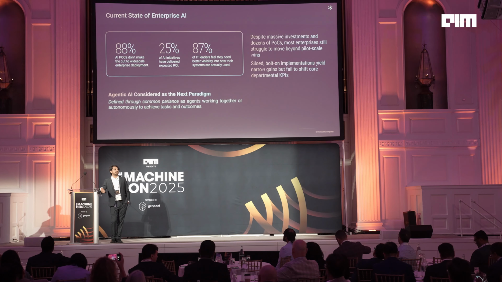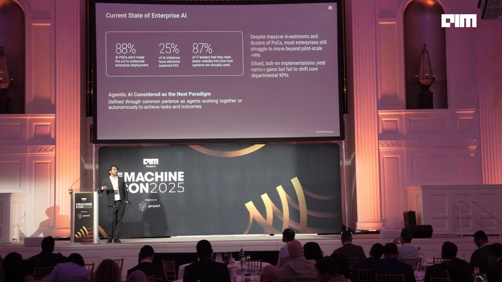Now, I want to talk to you about why this could be happening and how we can think about it differently. And the first problem that I'm going to talk about is the name. Agentic AI is defined and considered as the next paradigm, and we heard Sanjeev talk so eloquently about where and how it has come about: agents working together to do certain tasks and get a certain outcome.